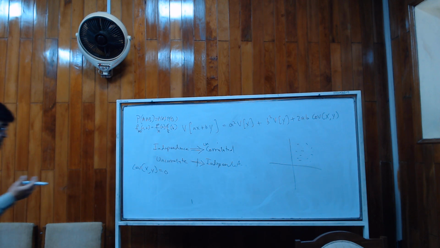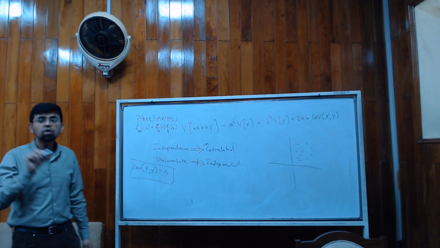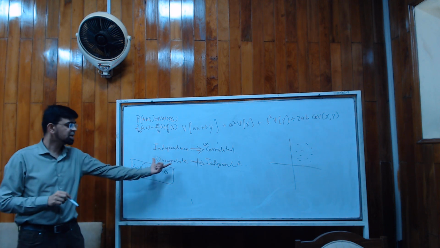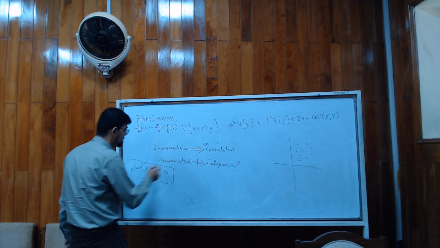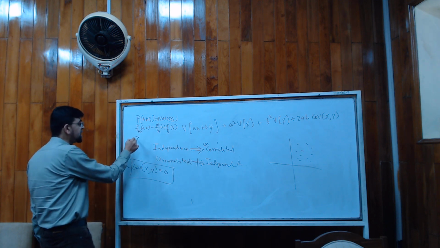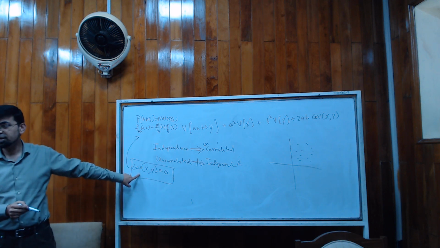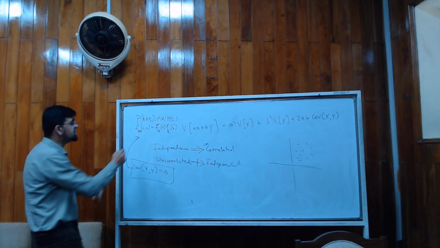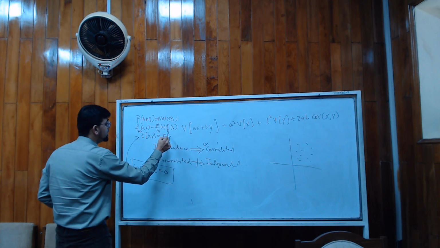So, if you find the covariance of x, y to be 0, the most you should say is that they are uncorrelated. You cannot claim that they are independent, because this holding will not imply this holding, but this holding will definitely imply this holding. Why? Remember, if X and Y were independent, E[XY] was separable into E[X] and E[Y].